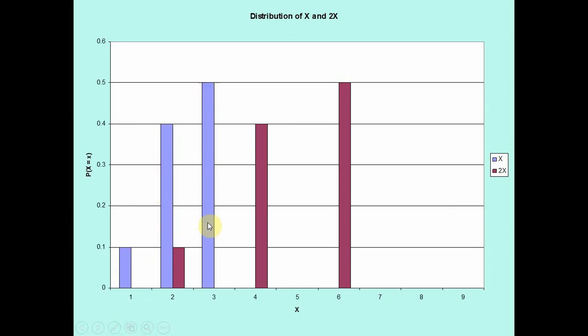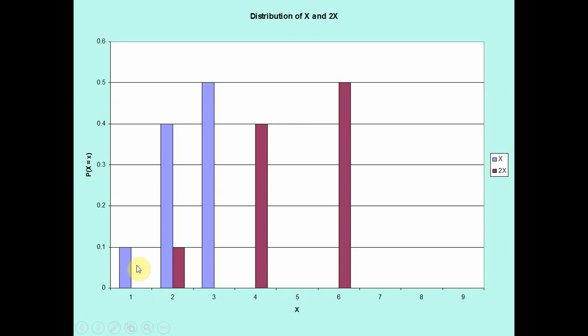The blue bars there are the original probability distribution, and then I've doubled each of those, just like we did in part A earlier, so the new values are 2, 4 and 6 and the probabilities stay the same. Hopefully you agree that the mean would perhaps have been around here for the original distribution. When we've doubled it, it's jumped to over here, so from around 2.5 up to about 5.5.